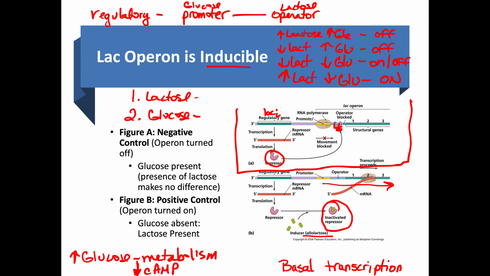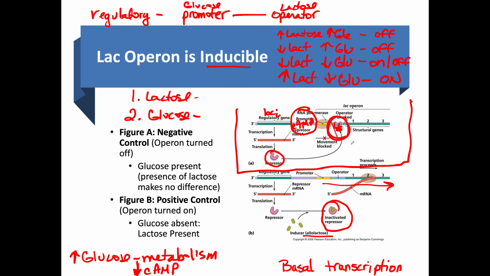In order for RNA polymerase to come together with the other enzymes responsible for initiation, I have to have cyclic AMP. If my cyclic AMP levels are low, my RNA polymerase will not get activated. So if I have lactose present but I have a bunch of glucose still there, I'm not going to activate this operon because I don't have enough cyclic AMP.